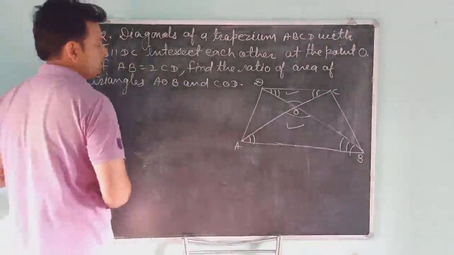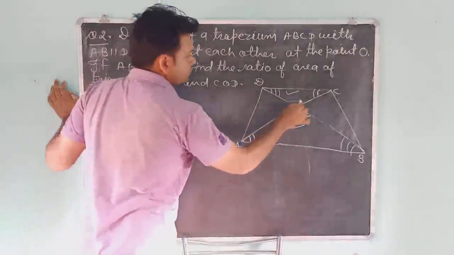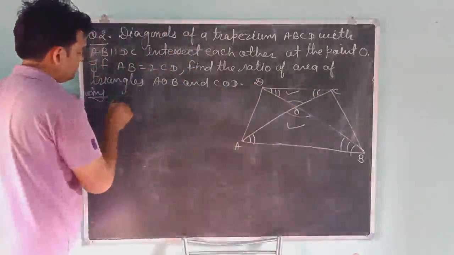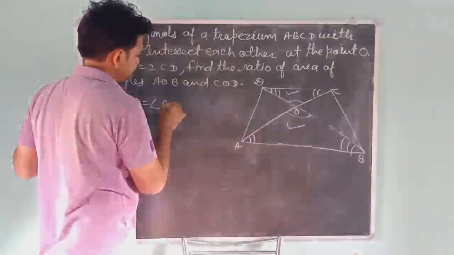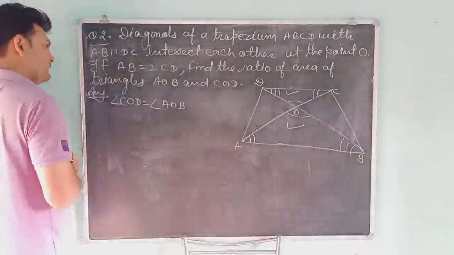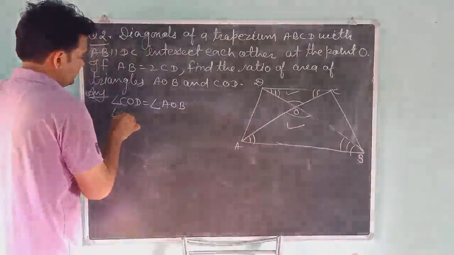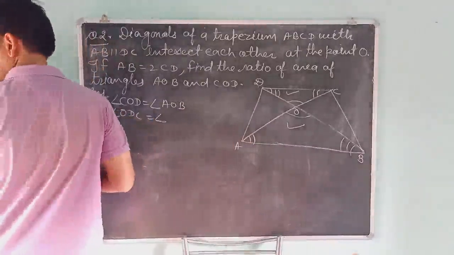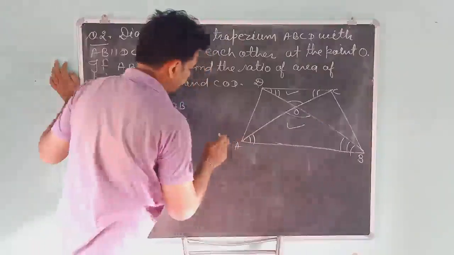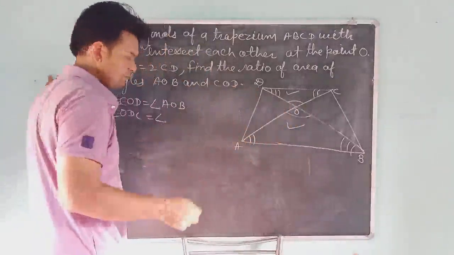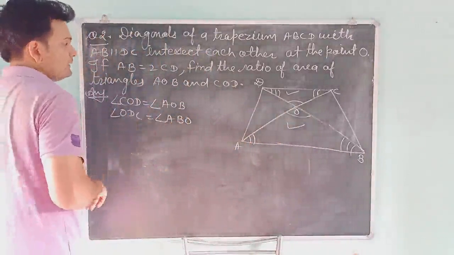Okay, students, I will write the names of all these angles. Angle COD is equal to angle AOB. Angle ODC is equal to angle ABO, or OBA, both are right.